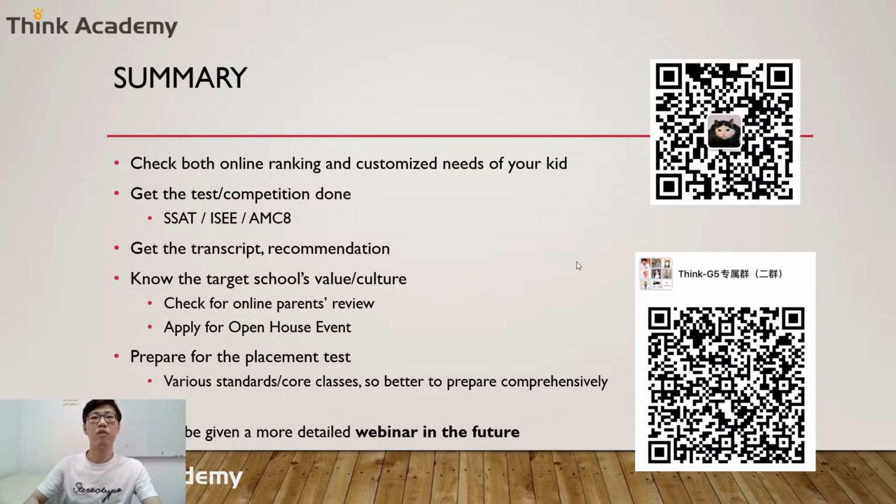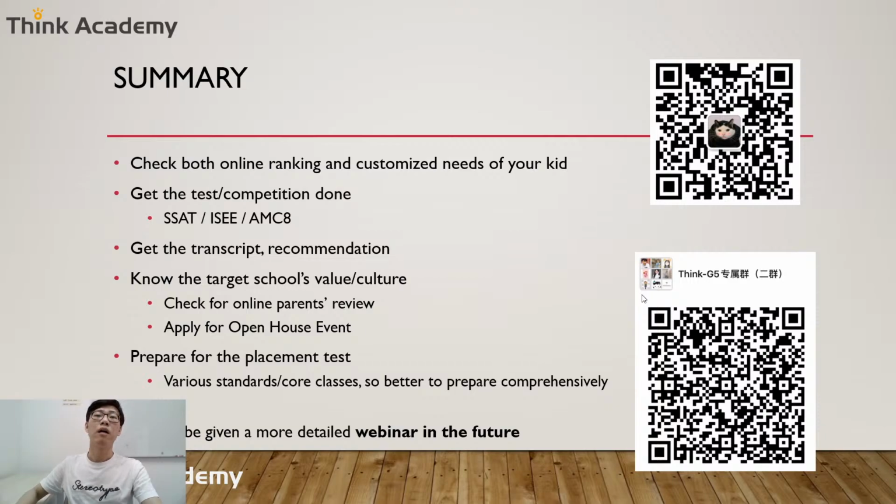Let's do a little summary here. Start from the beginning. If you know nothing about schools, you can refer to online third-party ranking systems. Also take care of the customized needs of your kid, and check the comments and personal opinions from your neighbors in the online community, to know how they think about the school as a past parent or kid.